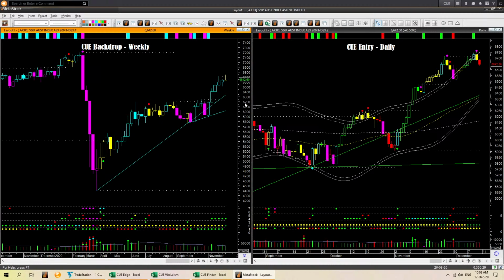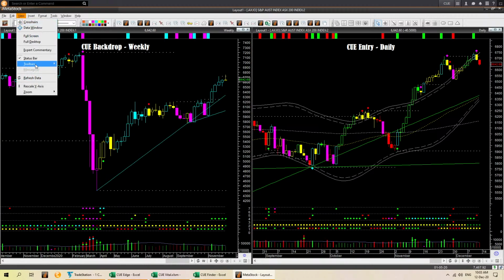Sometimes I watch the charts in full screen mode, and I have set up all the Q important tasks on the menu bar. So I don't really need the Metastock menu bar. That is why sometimes when I am trading, I switch to full screen mode.